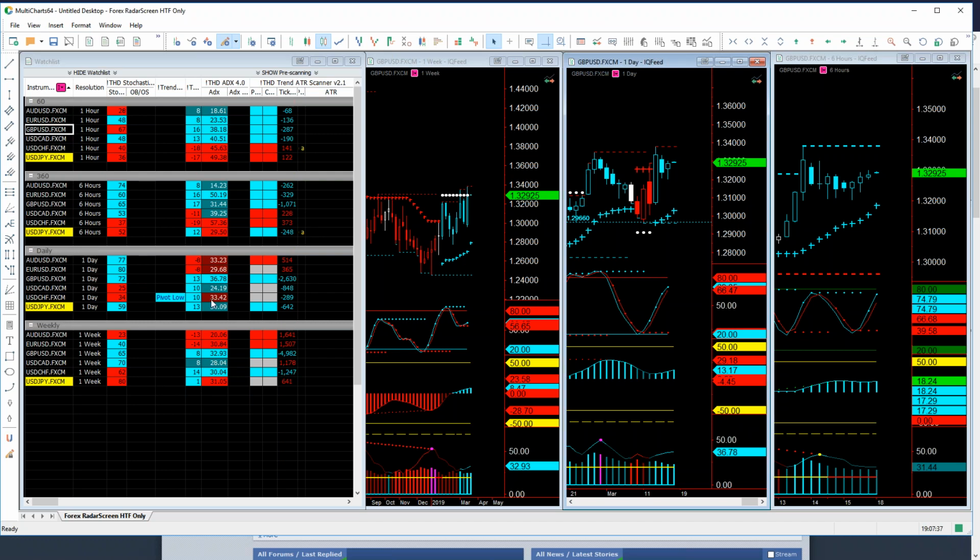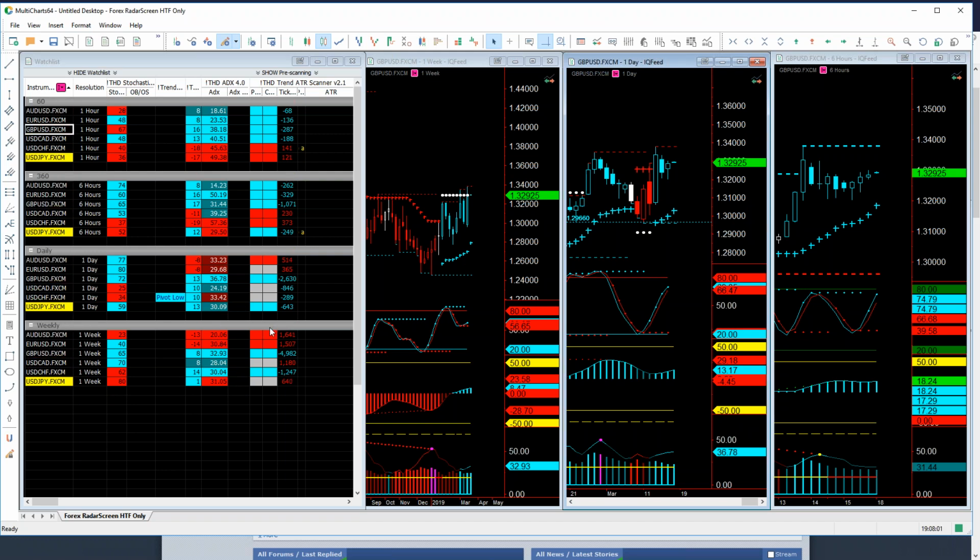The USD Swiss Franc, this is dark red, this is bright blue. So you've got some disagreements, is what I like to call it. And then on the USD JPY, you're dark blue, and then this is bright red. So again, you have a disagreement between these two time frames on the ADX.